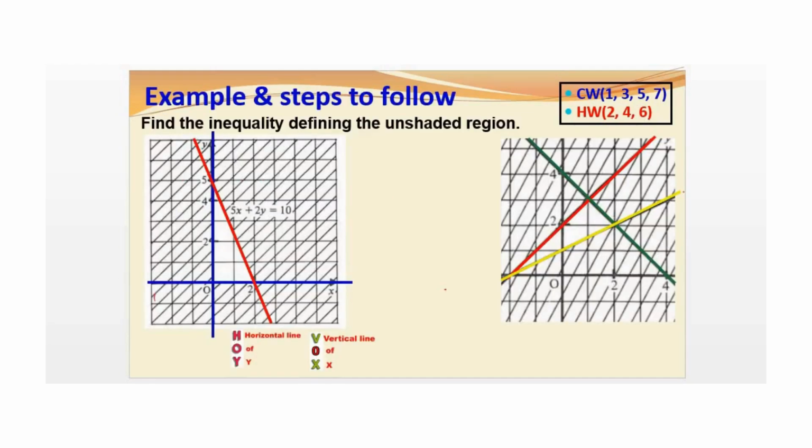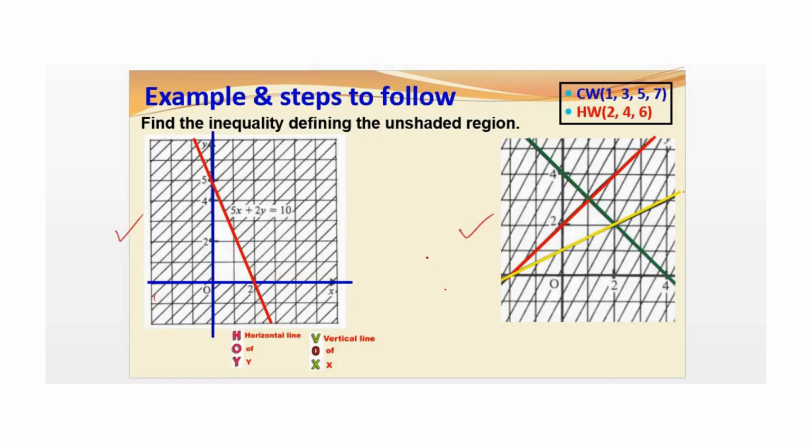If you remember, in my video number 1, I explained this example. Now we are going to solve this type of questions in which you have to write the inequalities for all the lines that are drawn that are defining any unshaded region, and some of the lines will be slanting lines, some of the lines are going to be straight lines. So it's like a kind of revision, because we found the equations of the slanting lines in exercise 21D.